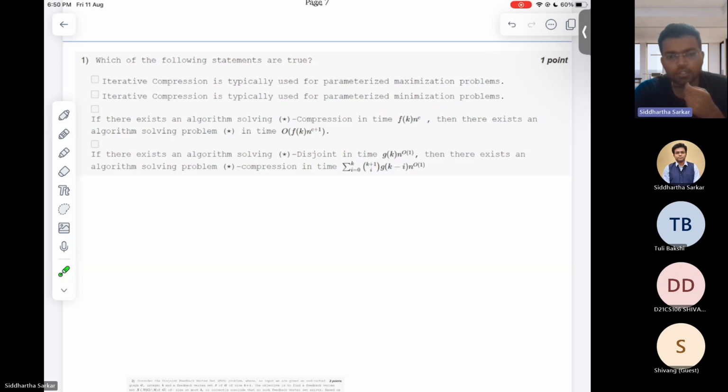What kind of problems have you mostly seen this week? Any thoughts on this? Okay, so what kind of problems have we seen? We have seen feedback vertex set in tournaments.